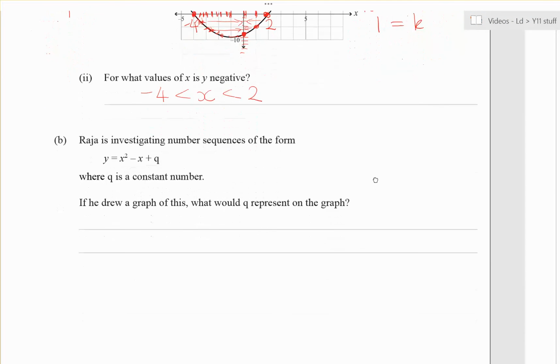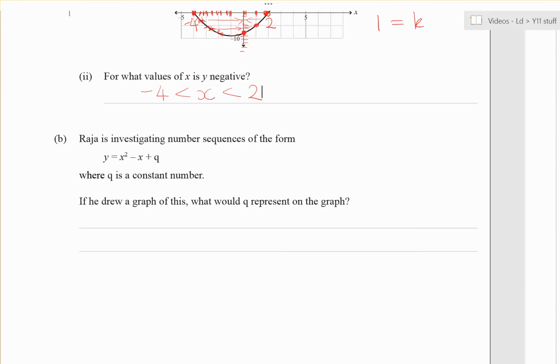Right. Number sequences of this form, q is a constant. If we drew a graph of this, what would q represent on the graph? Well, hopefully you understand that, for example, if we were to substitute x equals 0 into this rule, I would get y equals 0 squared minus 0 plus q, which gives me y equals q.